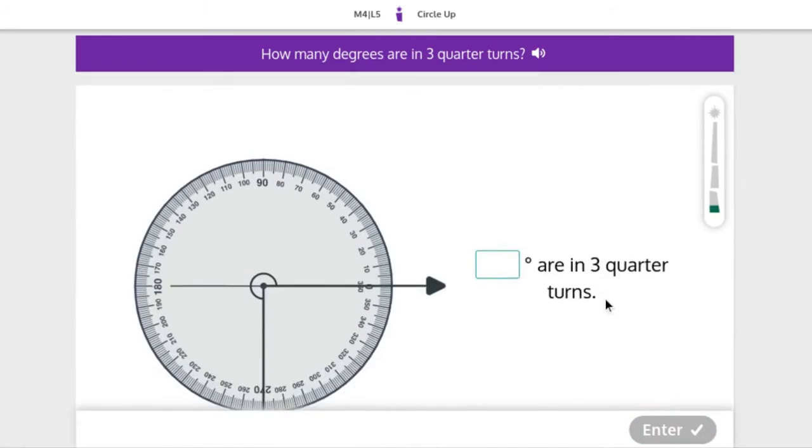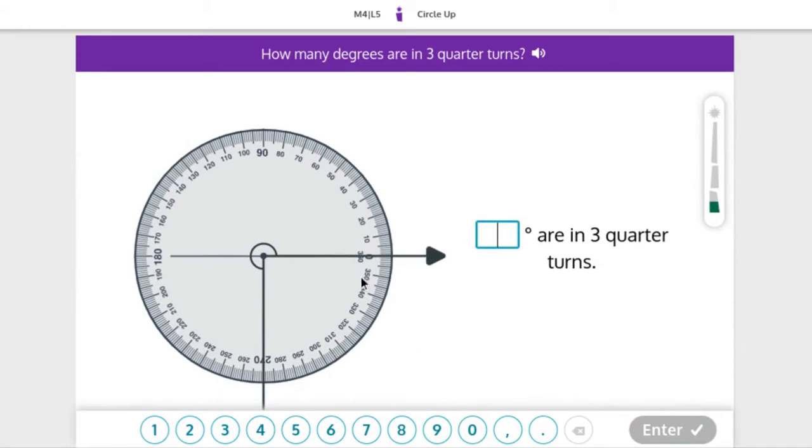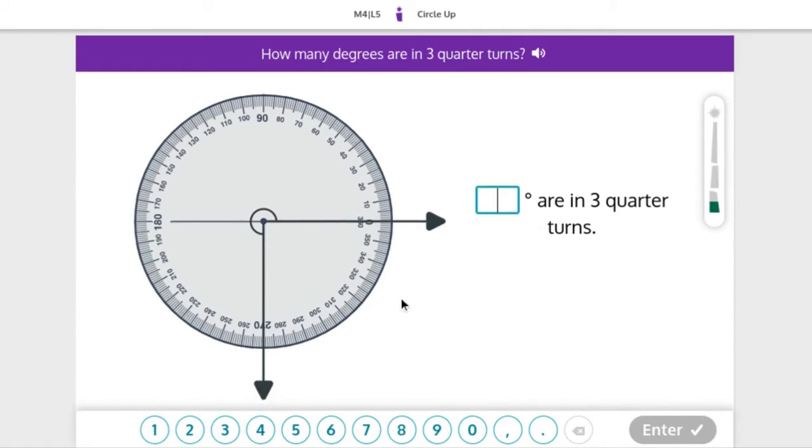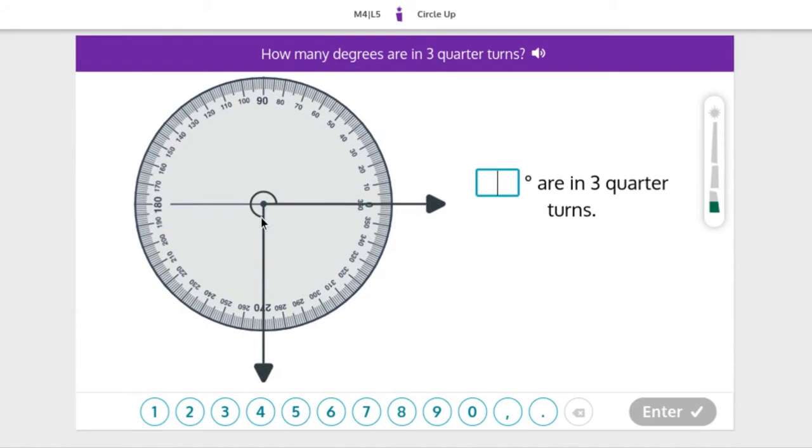Okay. And now we're going to use the protractor, this circular protractor, to tell us how many degrees that is. So, okay. So we're looking at then how many degrees. We're looking at this outside one because our angle is technically this outside right now. That's why the circle, that angle circle is on the outside. We're not measuring this inside. We know that's 90 degrees. We're not counting that part.